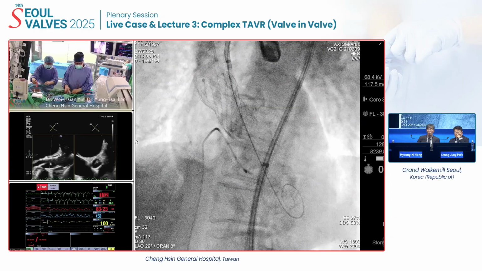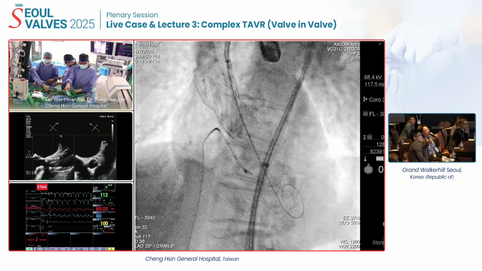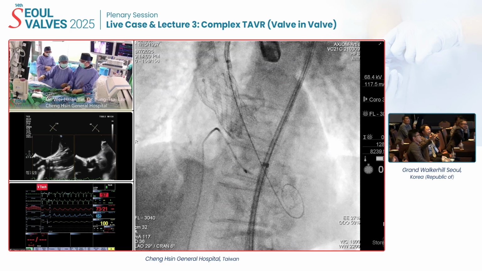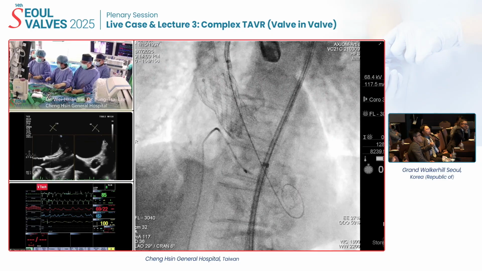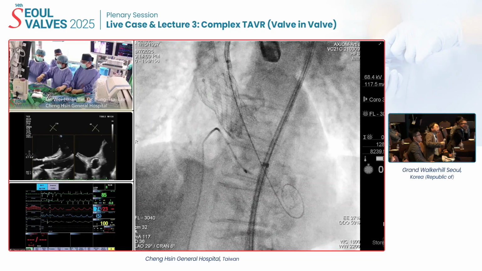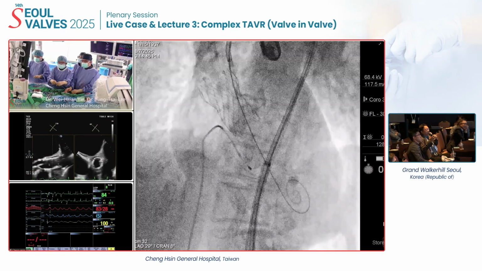Hello. Well, I come from another center from Hong Kong. Yesterday, I remember that we did a case. It's not a valve-in-valve case. It's a native aortic stenosis, very heavily calcified. And then we made a big balloon inflation, and then finally we implanted the valve. Okay. Very heavily calcified leaflet.